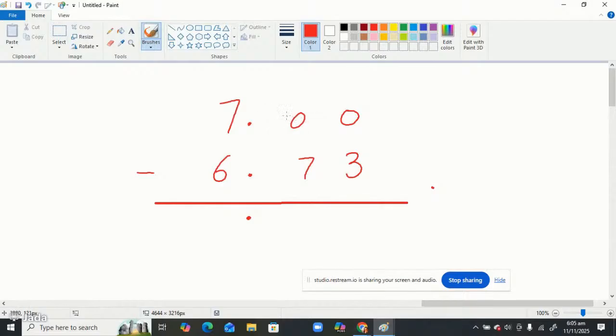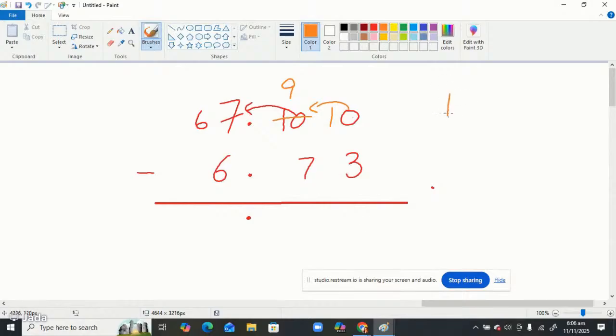So we borrow again from the 7. So this 7 becomes 6 because it gives away 1, and this becomes 10. Now this 0 borrows from this 10. Now this 10 becomes 9 and this 0 becomes 10. Now we are going to subtract 3 from 10.